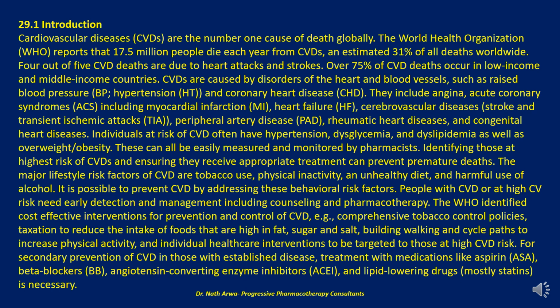For secondary prevention of cardiovascular disease in those with established disease, treatment with medications like aspirin, abbreviated as ASA, beta blockers, abbreviated as BBs, angiotensin-converting enzyme inhibitors, abbreviated as ACEI, and lipid-lowering drugs, mostly statins, is necessary.